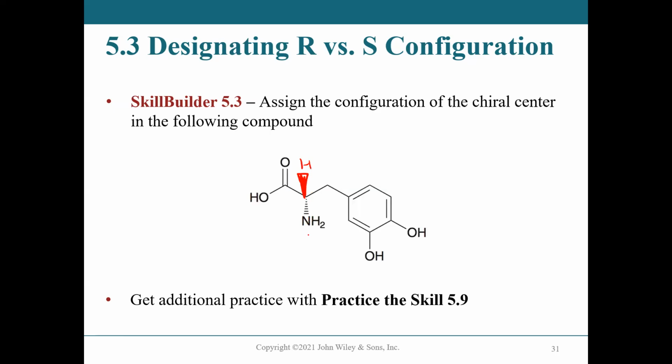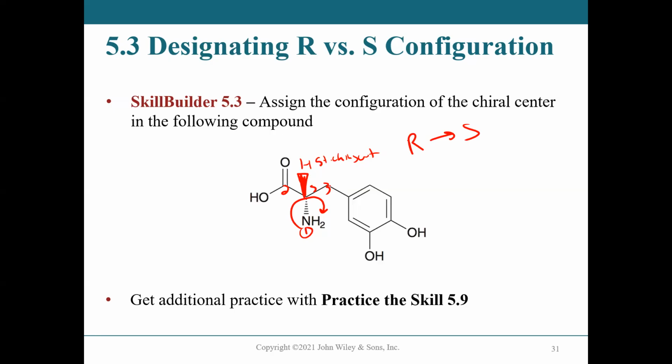This is actually going to be your biggest priority, because think about this: nitrogen is bigger than carbon. So that's why we're going to put a 1 here, followed by 2 here, followed by 3. It's going to go this way. And since that hydrogen is sticking out, we're going to have to flip our answer. So we went clockwise, so it's R, and then we convert that to S. So this is your S right here.